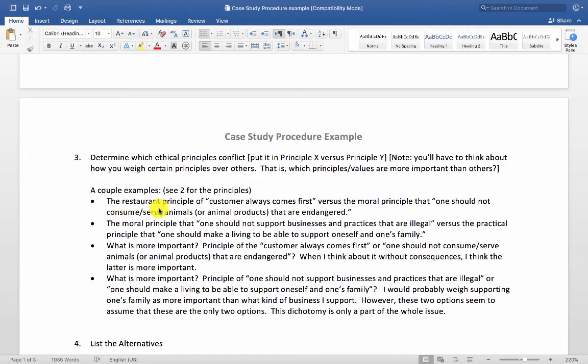So here's the restaurant principle of the customer always comes first versus the moral principle one should not serve animals. Notice there's a conflict there. The customer wants this. It's illegal, and you shouldn't serve this kind of stuff, but that's what the customer wants. In this kind of case, usually what's more important? Notice what I wrote here: the principle of customer always comes first. Without consequences, I think the latter is more important, that you should not consume animals that are endangered.